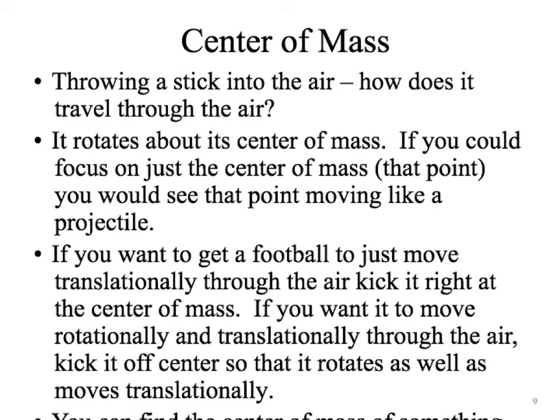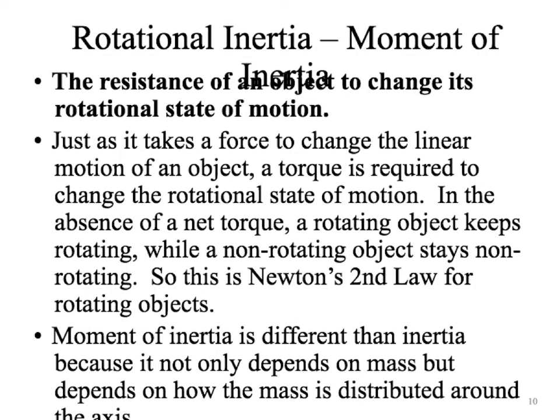Okay, so Dr. Cinco talked about center of mass enough, I think, so I'm going to skip that. The biggest thing here is to talk about the moment of inertia, and the fact that in rotating objects, it's as important to consider where the mass is distributed as mass itself.